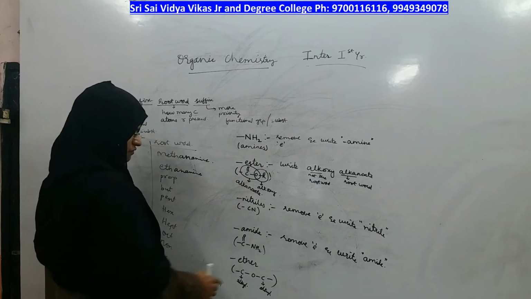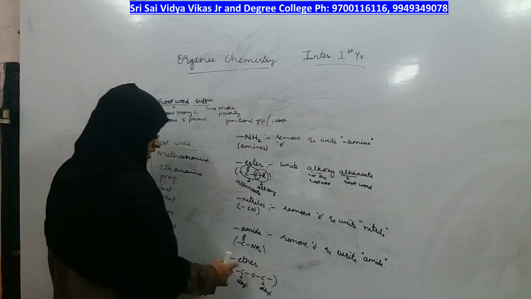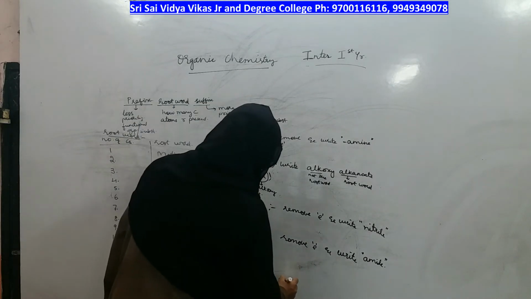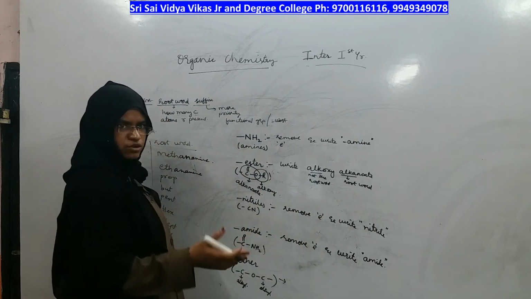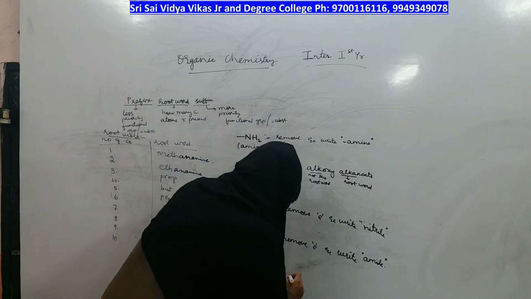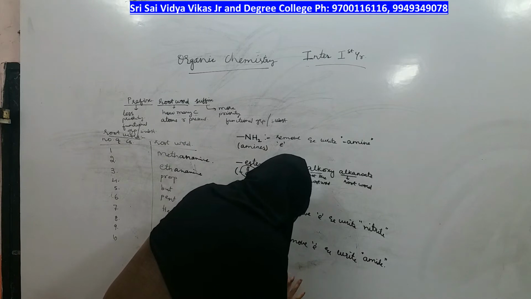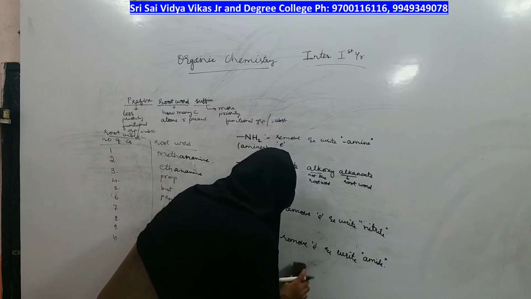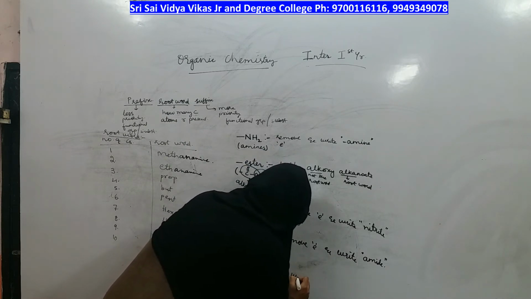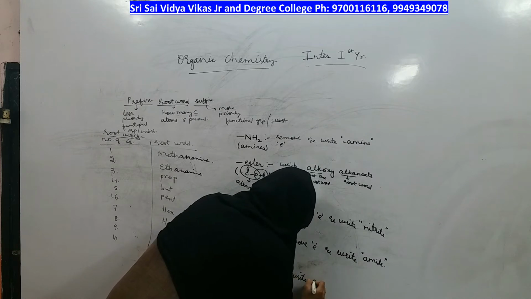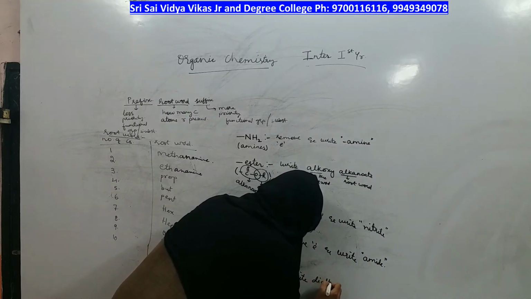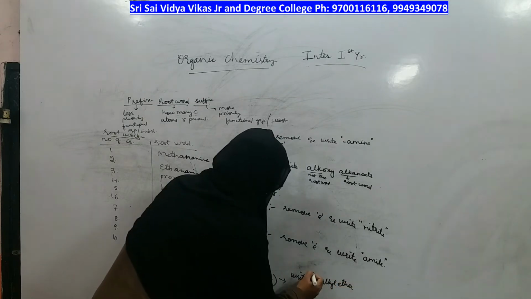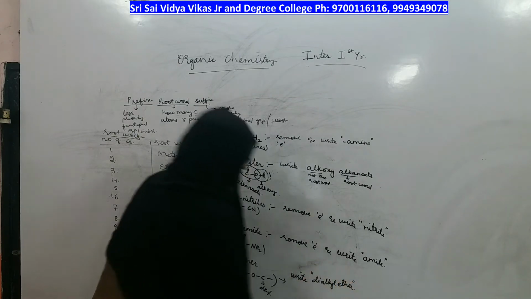Simply write which alkyl this is and which alkyl that is. No need of removing E, no need of adding E, nothing. Just write dialkyl ether.